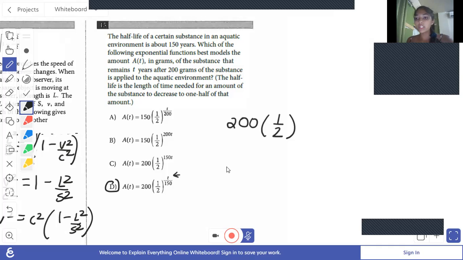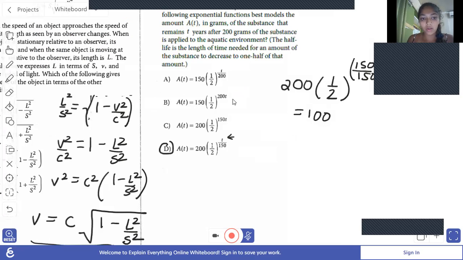So after 150 years, this 200 is going to be 100. If I do 150 over 150, then you get this as 1, which is just 200 times 1 over 2, which is 100. So option D would work here.